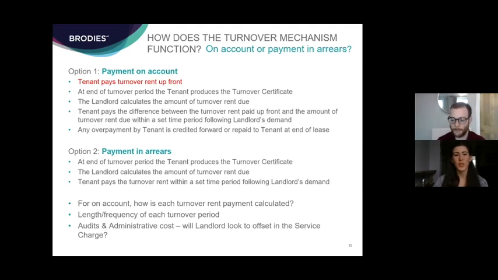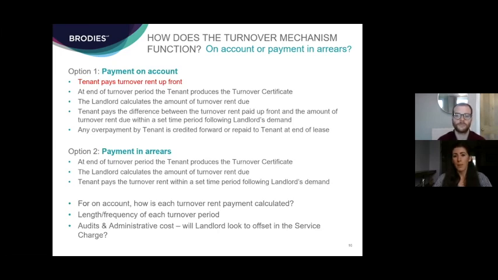Great, thank you. So now it's time to look at how the turnover rent payment mechanism will function. Turnover rent is commonly paid in 2 ways: either payment on account, which operates a bit like payment of service charge, where payment is made upfront with reconciliation after the actual turnover rent is ascertained, or payment in arrears, after the tenant's turnover certificate has been produced and the turnover rent is calculated at the end of each period.